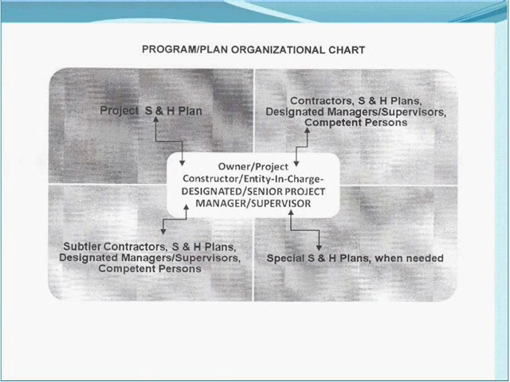So what should you look at when you look at the organizational chart? Well, the first thing is there should be a project safety and health plan, which we can see right here.